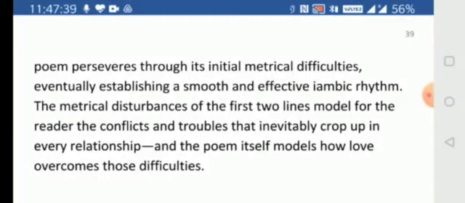The metrical disturbances of the first two lines model for the reader the conflicts and troubles that inevitably crop up in every relationship. And the poem itself models how love overcomes those difficulties.